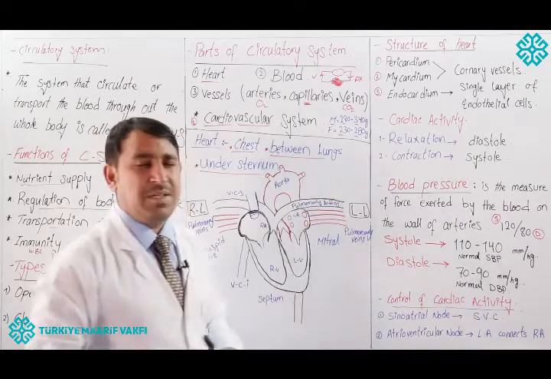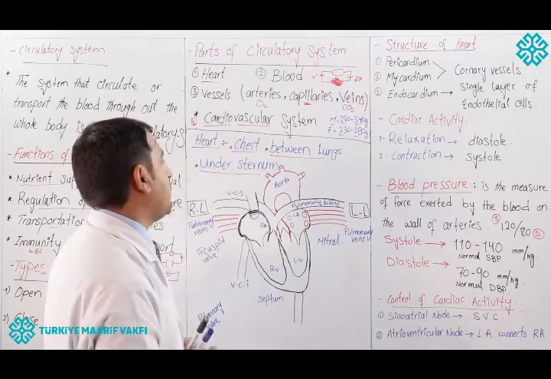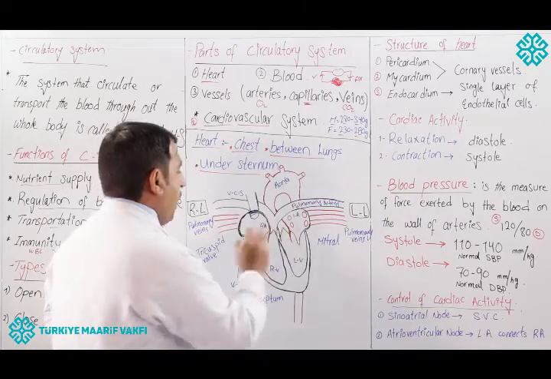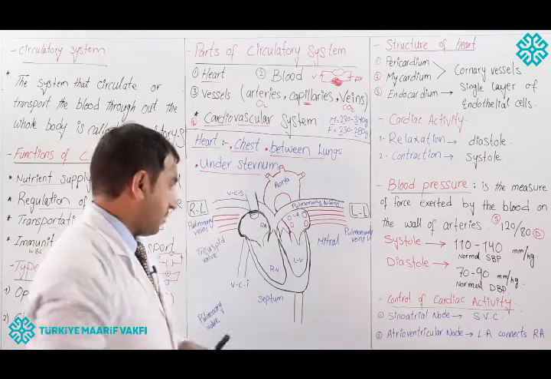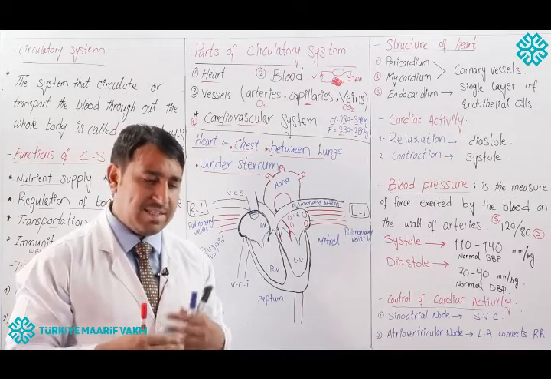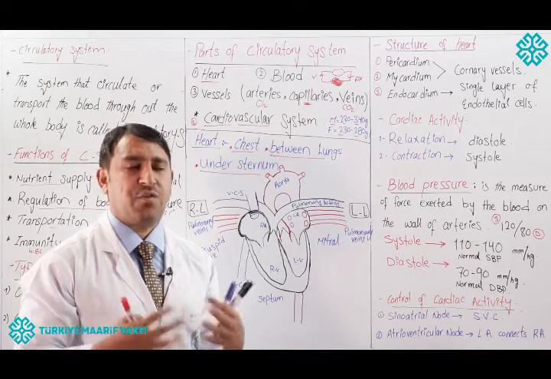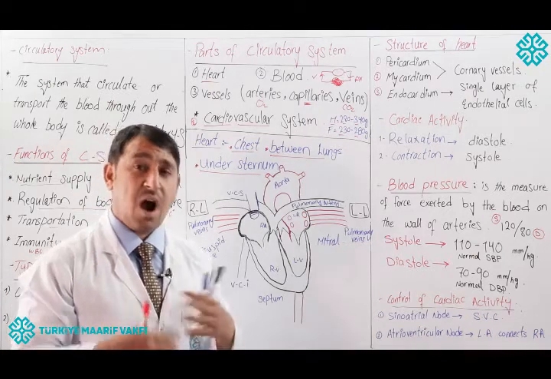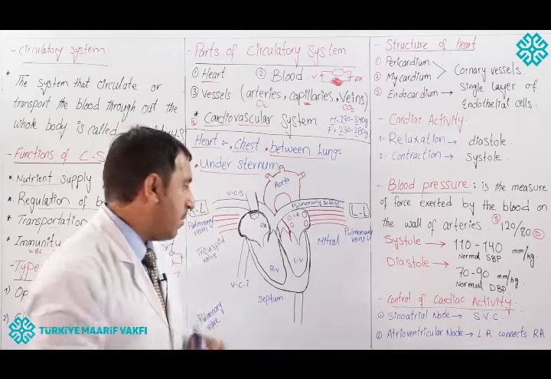There is a little bit of difference in the weight of the heart in male and female genders. Now we are coming to the structure of the heart. The heart is a pumping organ of the body, and it sends blood throughout all parts of our body. So it is a hard-working organ of our body.